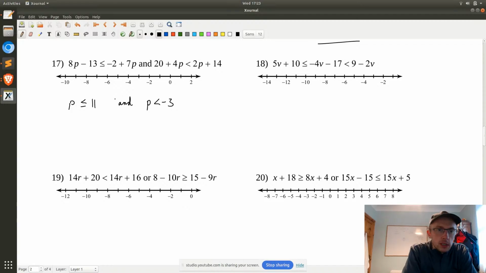Uh-oh. Try again. 11 on the right and P on the left. So P is less than or equal to 11. Fine. 2P on the left, negative 6 on the right. P on the left, negative 3 on the right.